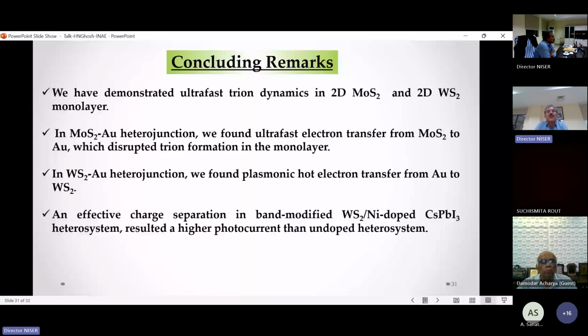But in the case of the WS2-gold heterojunction, where gold is basically a plate, it's a plasmonic gold, we found plasmonic hot electron transfer from gold to WS2, which basically improves the trion formation. And we also demonstrated effective charge separation in the band-modified WS2 nickel-doped cesium lead iodide heterosystem, resulting in very high photocurrent compared to the undoped system.